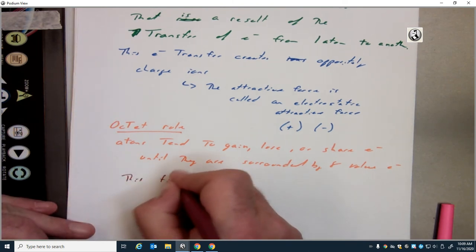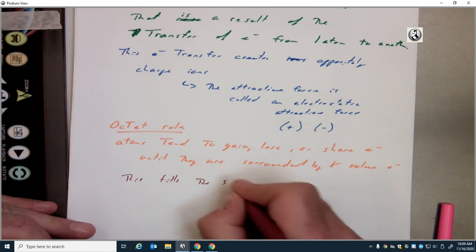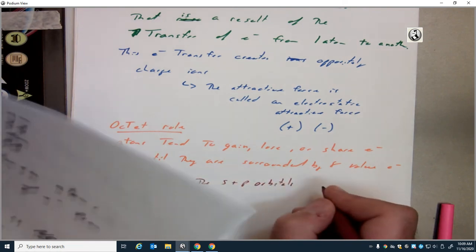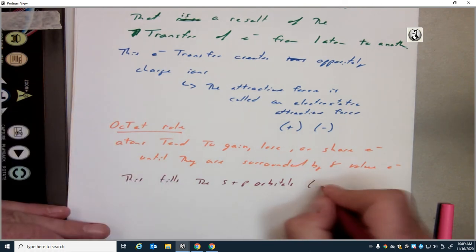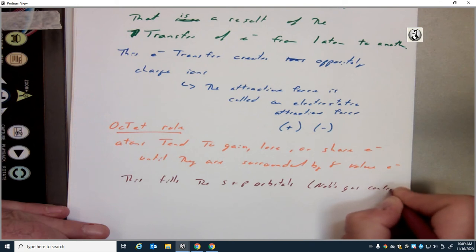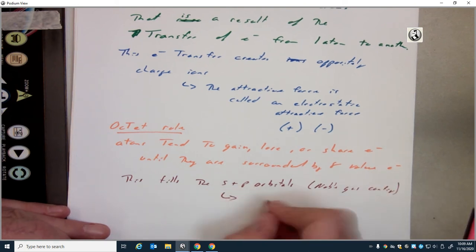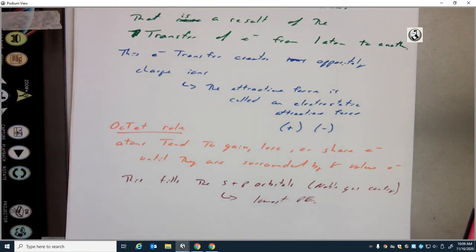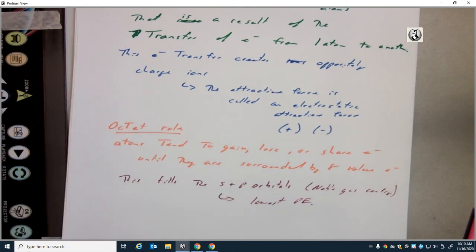This fills the s and p orbitals, which is a noble gas configuration. And this has the lowest potential energy. So they want those stable s and p orbitals filled. All right, so that's why they want 8 valence electrons.